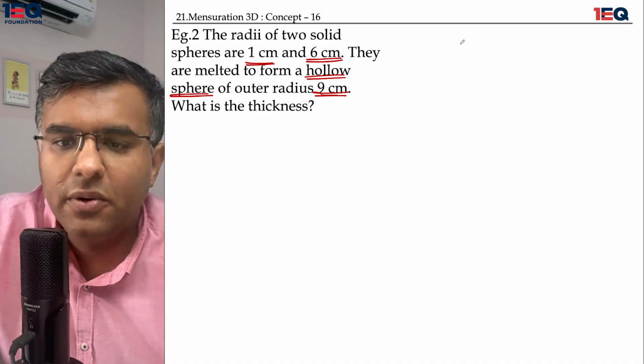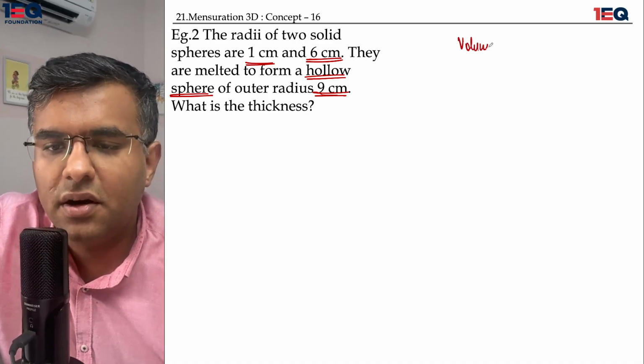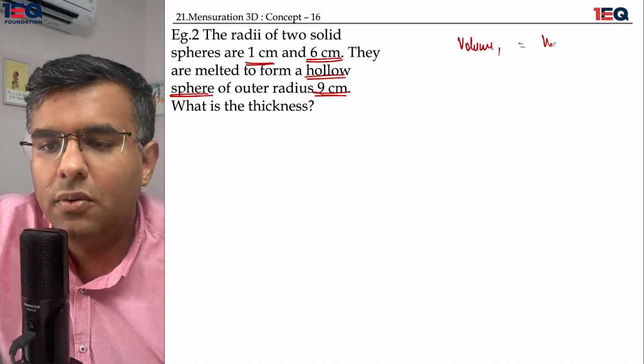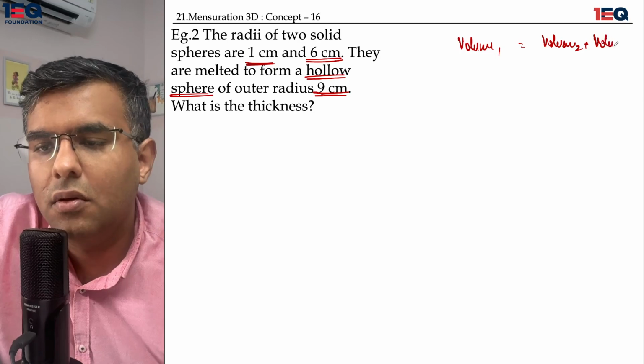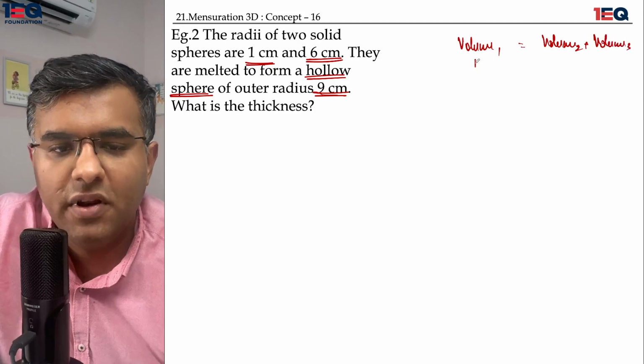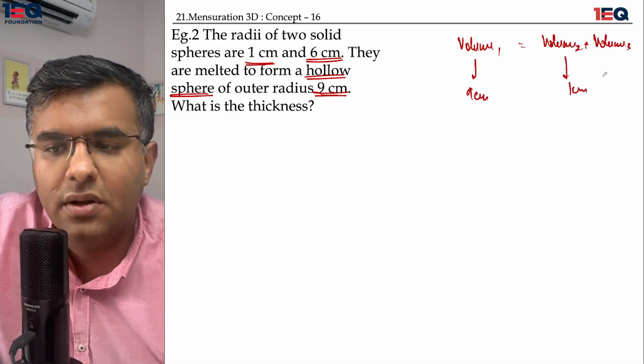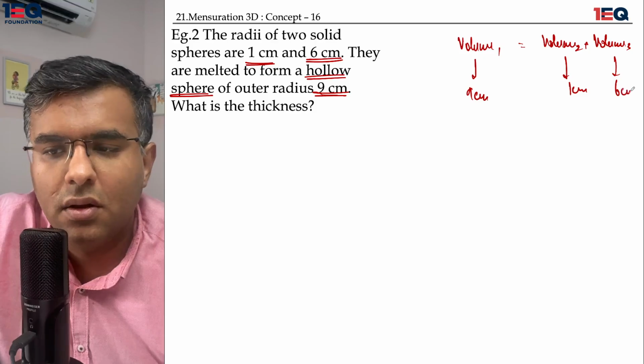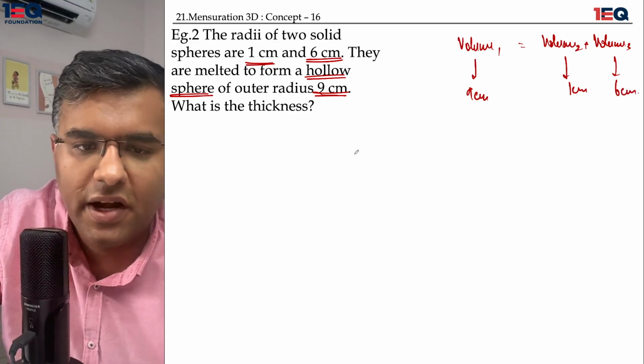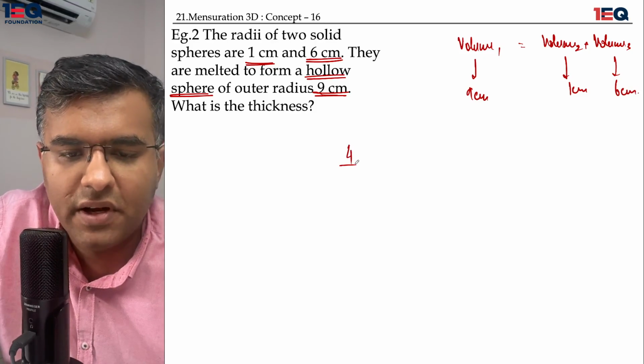If there is melting going on, I can say that volume 1 would be equal to volume 2 plus volume 3. Volume 1 being the 9 centimeter sphere, volume 2 being 1 centimeter, and volume 3 being 6 centimeter, right?